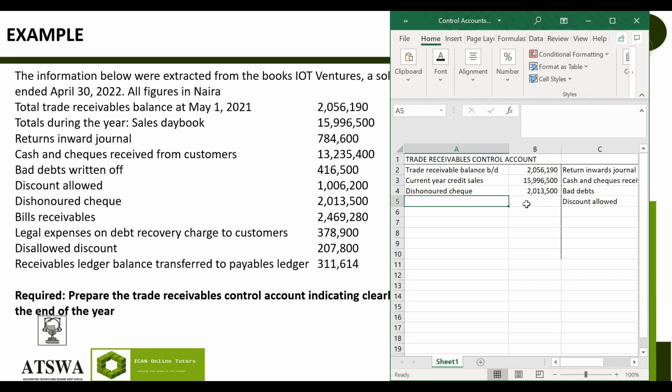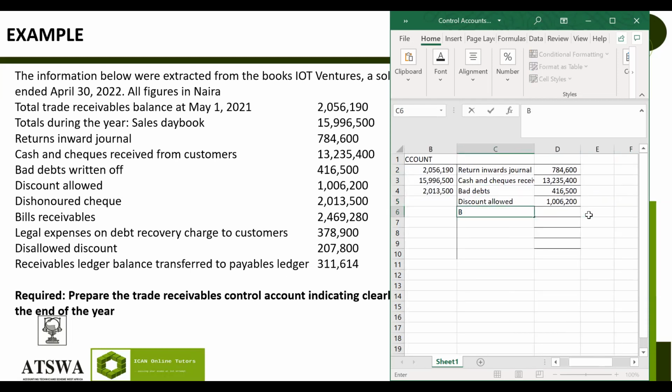Don't let the receivable part fool you. Bill receivable is like a check, so it works the way a check works. You can Google it too. Bills receivable is 2,469,280.